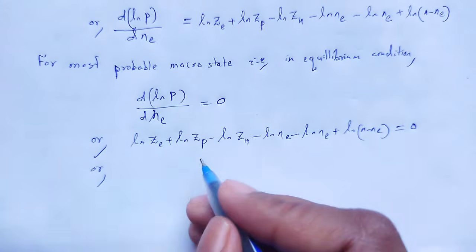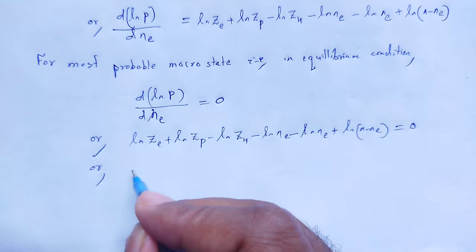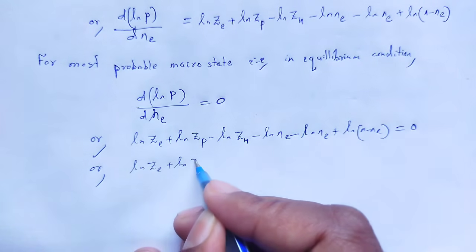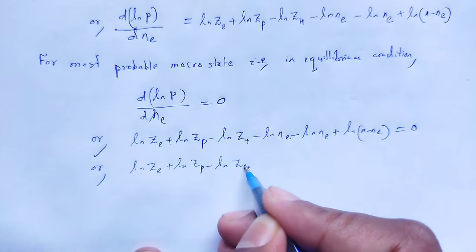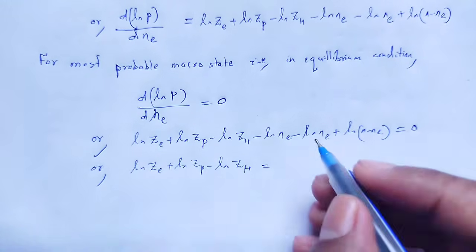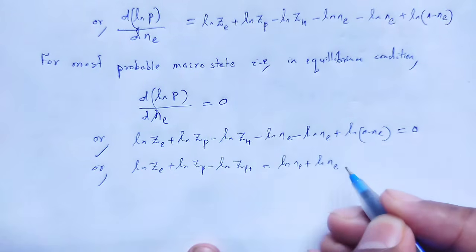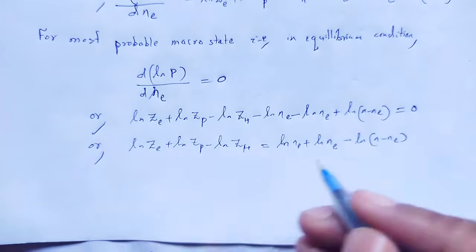Therefore, here taking ln ZE plus ln ZP minus ln ZH on that side, on another side ln NE plus ln NE minus ln n minus NE.